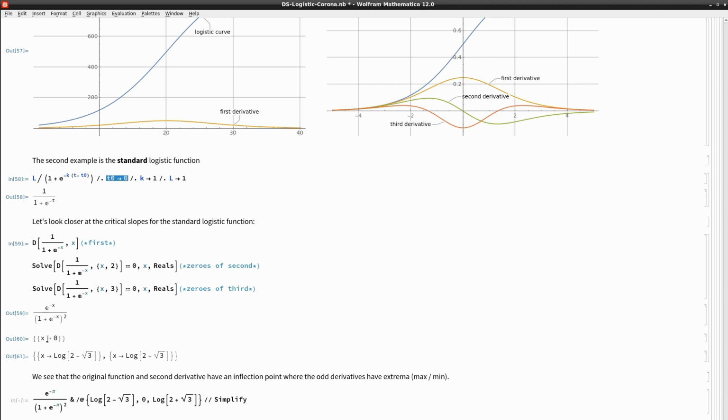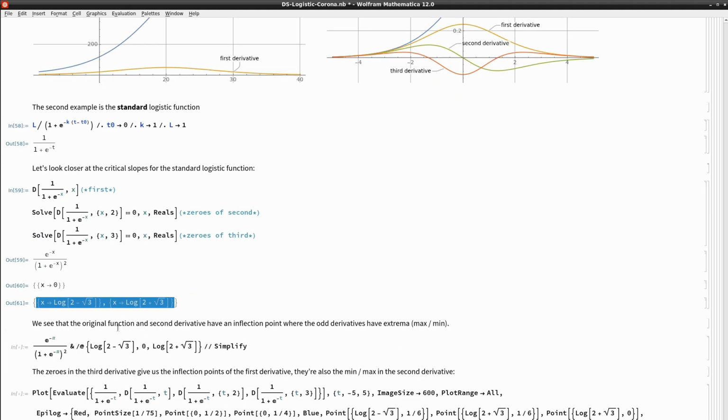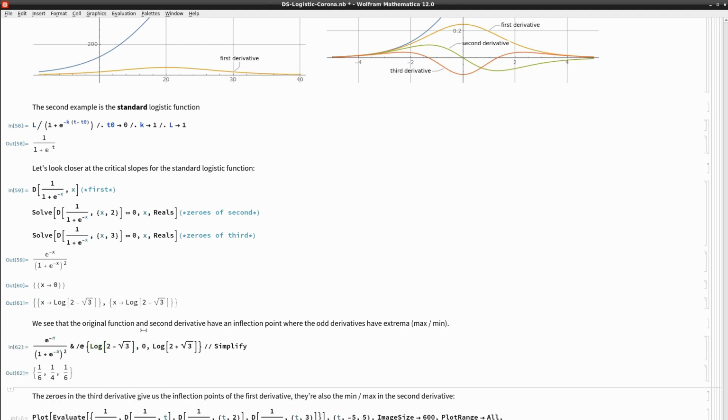So this 0 here is 0. And if we take the zeros of the third, we're getting these 2 points that correspond to, as I said earlier, the maximum or minimum in the second derivative and the inflection points of the first derivative. And if we now look at them, they have the values of a sixth, a quarter, and a sixth, right?